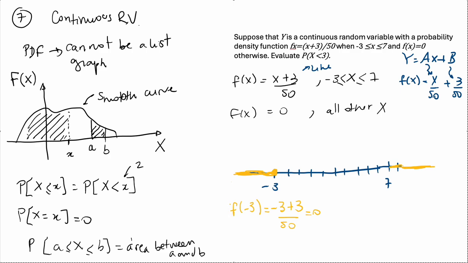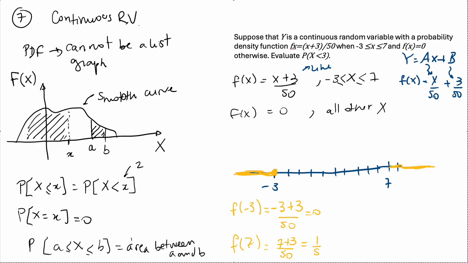Okay? And I'm going to evaluate my function, my smooth curve, when x is 7. So I'm going to substitute x by 7. 7 plus 3 over 50, right? This is 10 over 50. This is 1/5. Okay?